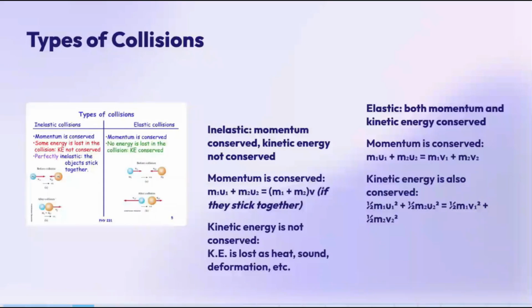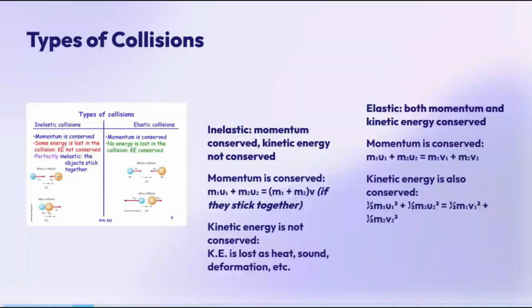I'll be telling you our values. Write this formula out on your paper: half M1 U1 squared plus half M2 U2 squared equals half M1 V1 squared plus half M2 V2 squared. From our question, M1 is 1, U1 is 4, M2 is 1, U2 is 0.